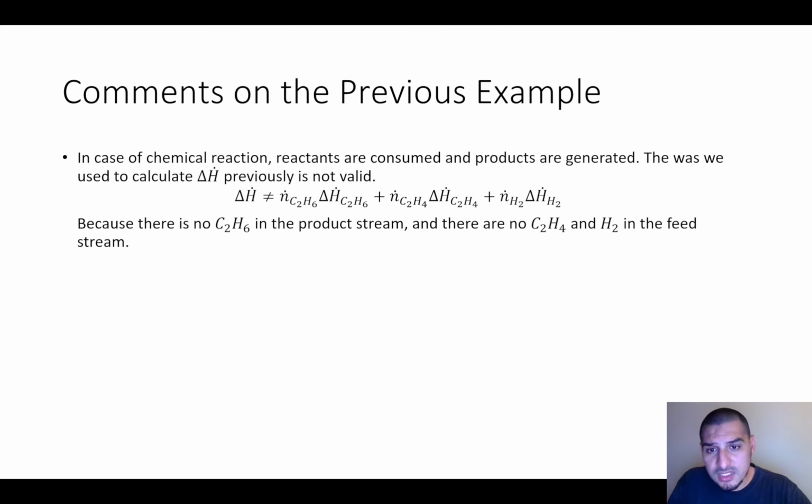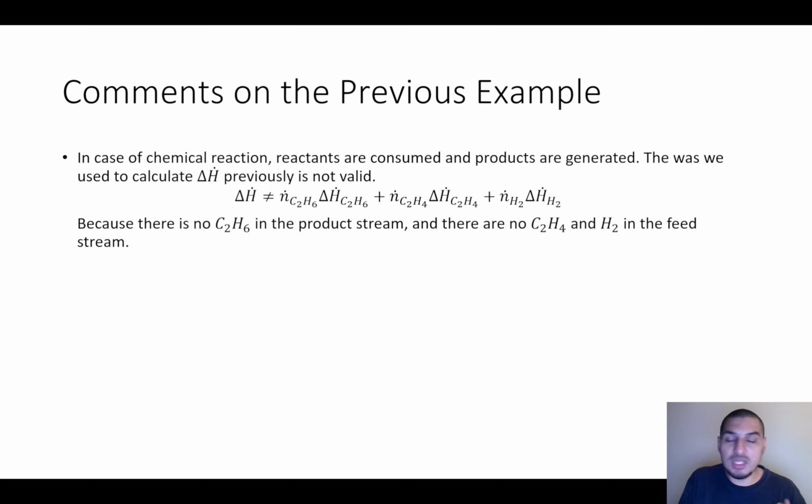In reactive systems, we had to either do the atomic balance on the reactor, or do the calculations of the extent of reaction to calculate the number of moles of the product, or do the mole balance on the reactor. So this is the same thing. The equations that we use for non-reactive systems are different from the equations that we use for reactive systems.